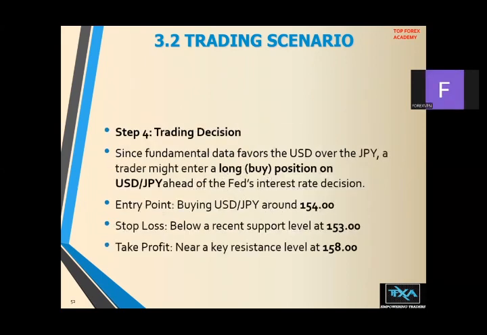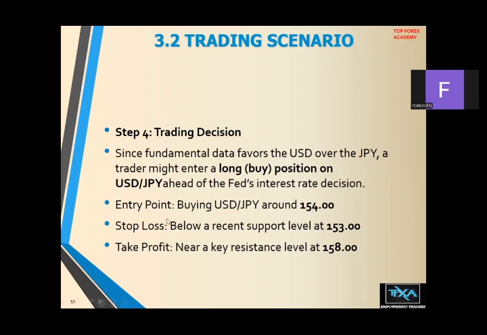Now let's move to step 4, which is a trading decision. Since the fundamental data favor the USD over the JPY, a trader might enter a long, same as a buy position on USD/JPY ahead of the Fed's interest rate decision. So now you could put your entry at a place where you're seeing price rejection to the upper side. So you buy USD/JPY around 154.